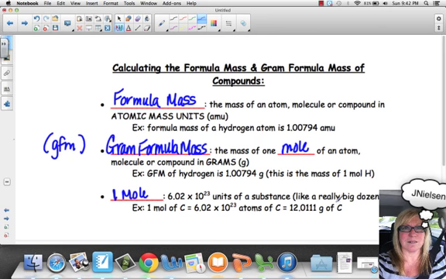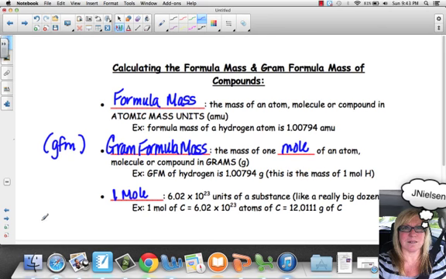So it's like a really big dozen. It's an equivalent. So 1 dozen is 12 eggs. 1 mole is 6.02 times 10 to the 23rd units of a substance. So 1 mole of carbon is 6.02 times 10 to the 23rd atoms of carbon, which also equals 12.0111 grams of carbon.